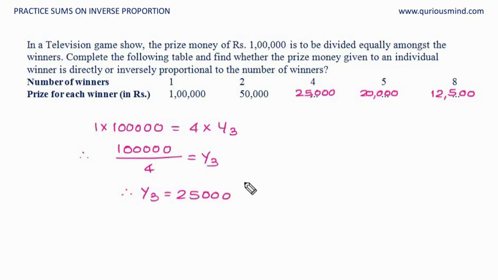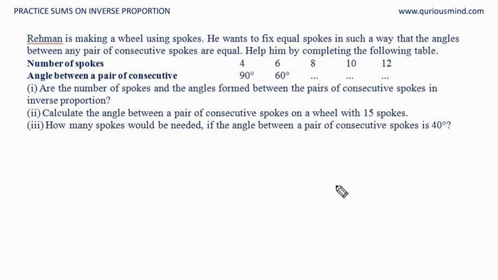Let's do the next one. Rahman is making a wheel using spokes. He wants to fix equal spokes in such a way that the angles between any pair of consecutive spokes are equal. Help him by completing the following table. Number of spokes 4, then the angle between them is 90 degrees, because we know the total angle in a wheel is 360 degrees.